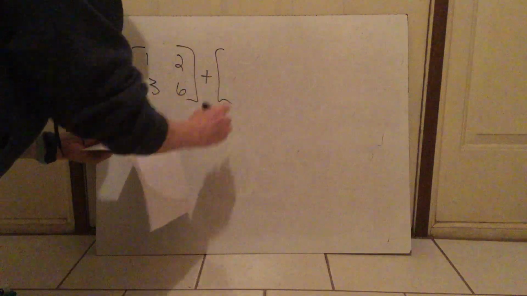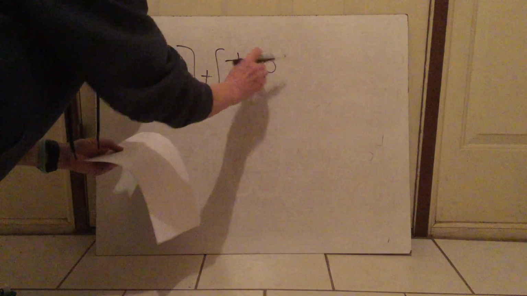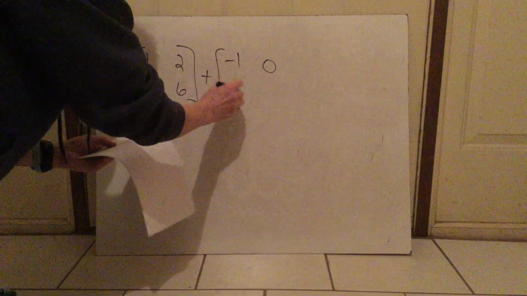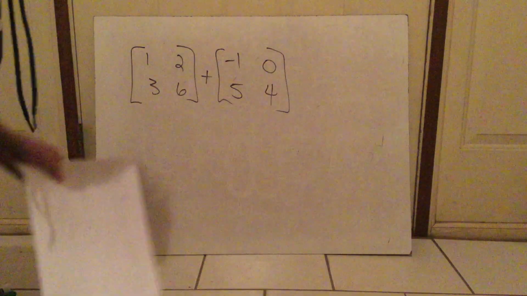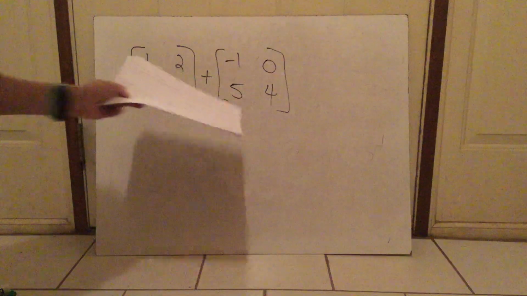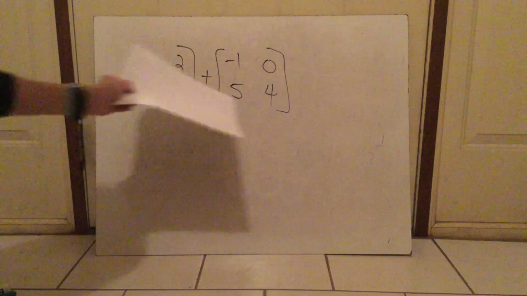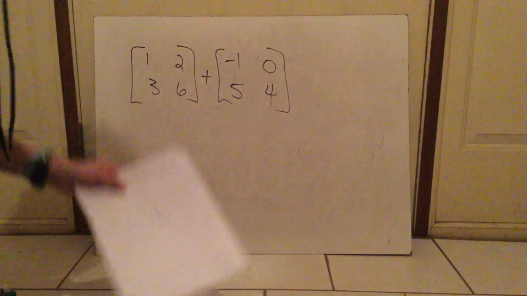I am going to add A and B. In case some of you don't have the sheet, it would be great if you could download that into Notability. But in case you don't, we're going to add these two matrices. On the paper, this is A and this is B, and we're going to add them together.